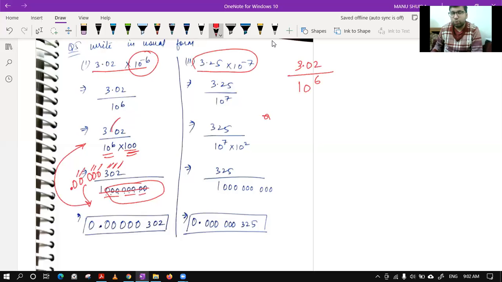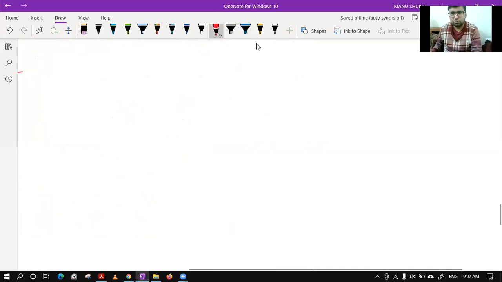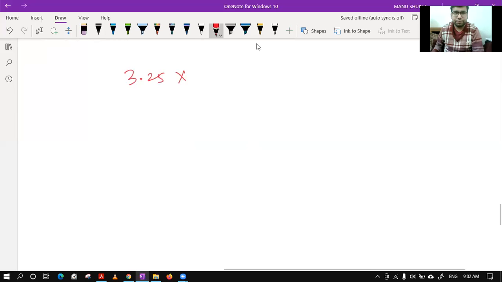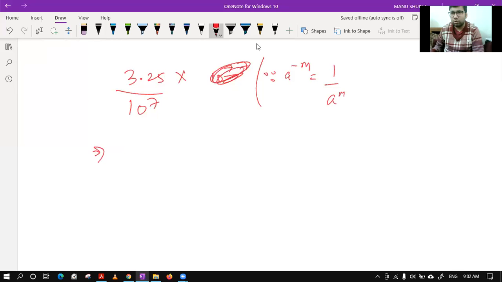The number is 3.25 into 10 power minus 7. Again, first I have made the power positive by writing the same number in the denominator. The reason for this is a power minus m is the same as 1 upon a power m. After that, you can remove the decimal from here.